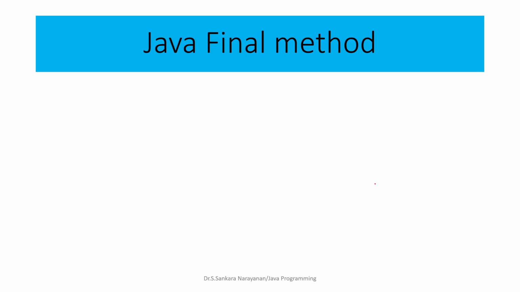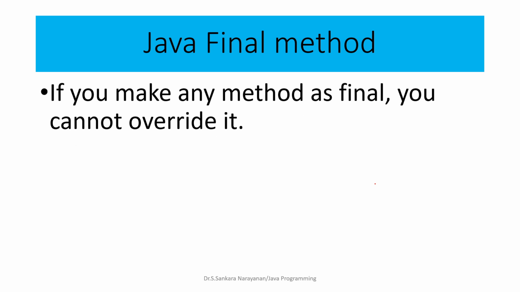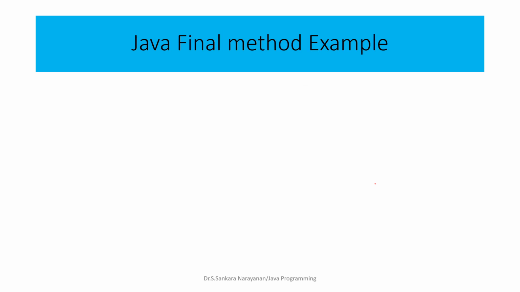And the second type is a method. Here we are going to declare a method as a final method. If it is declared as a final method, we cannot do method overriding. If you make any method final, then you cannot override it. Let me discuss an example.